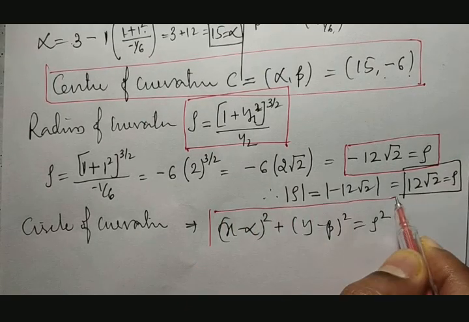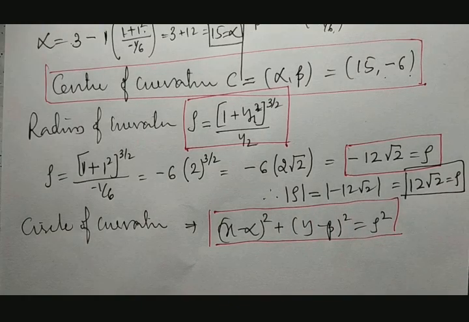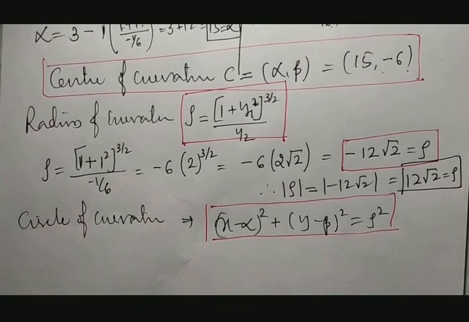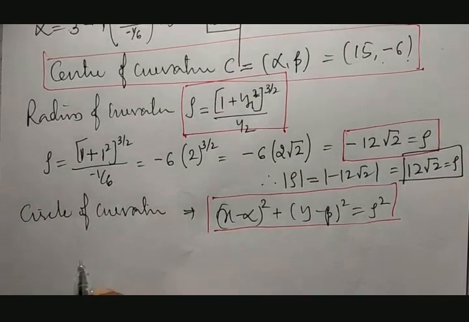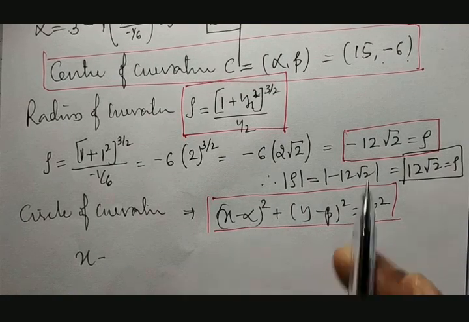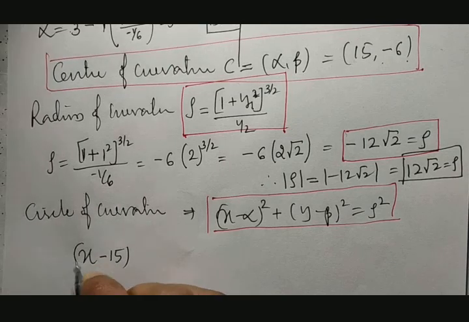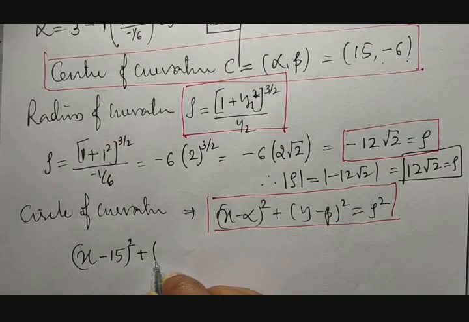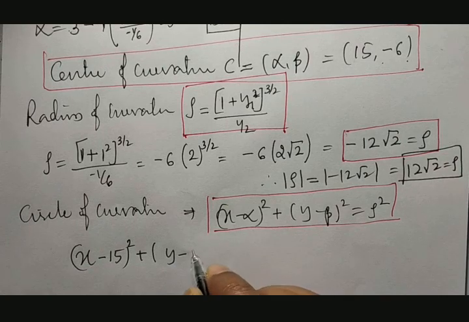Therefore, this is x minus alpha, what is alpha? 15, 15 square, plus y minus beta, what is beta?